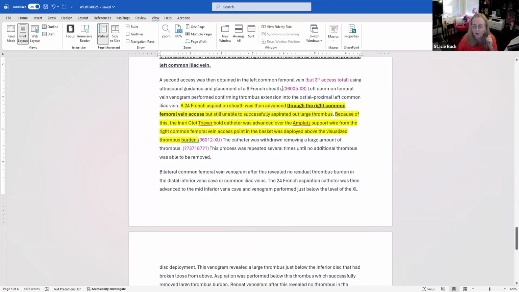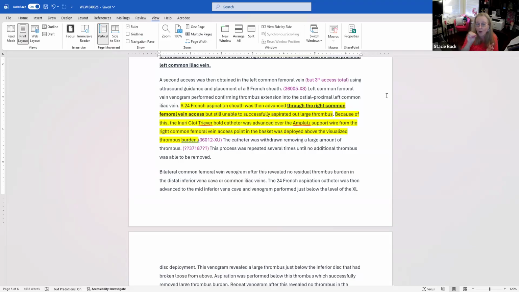And then here we see it says a left common femoral vein venogram was performed, confirming thrombus extension into the iliac vein. So again, we're assessing where the thrombus is based on what has occurred. The next sentence says that an aspiration sheath was then advanced through the right common femoral vein access.